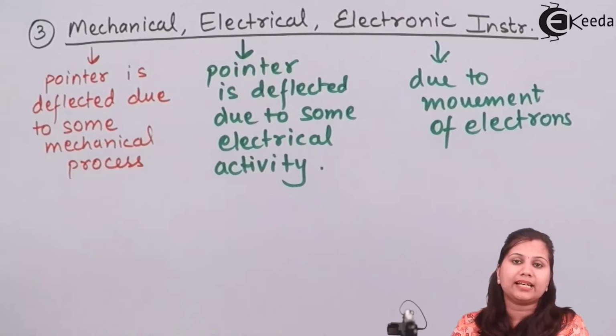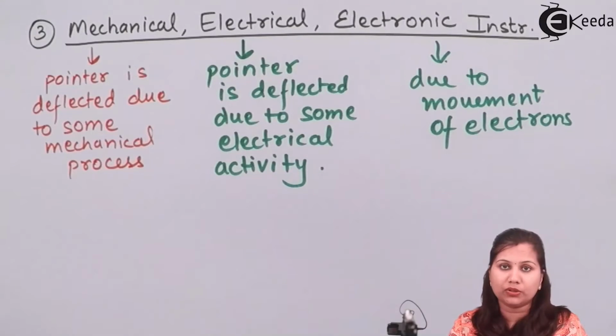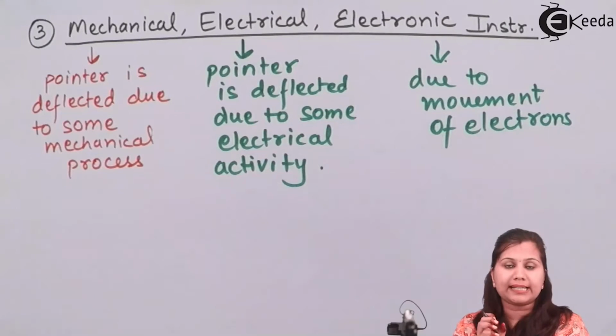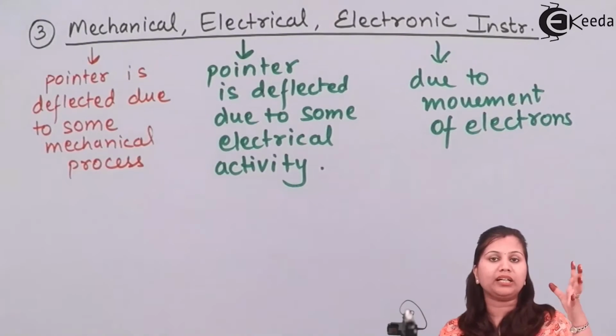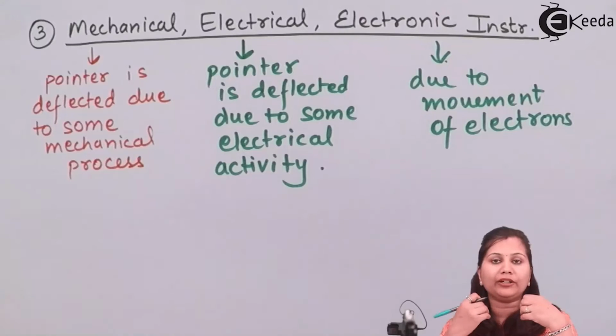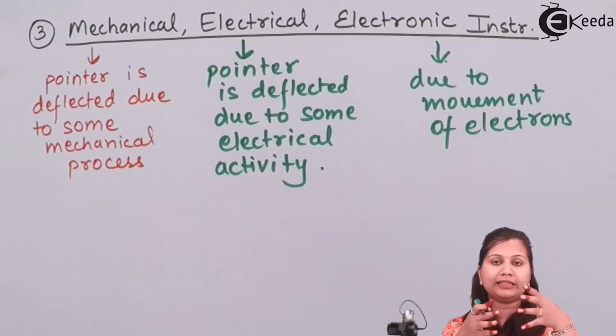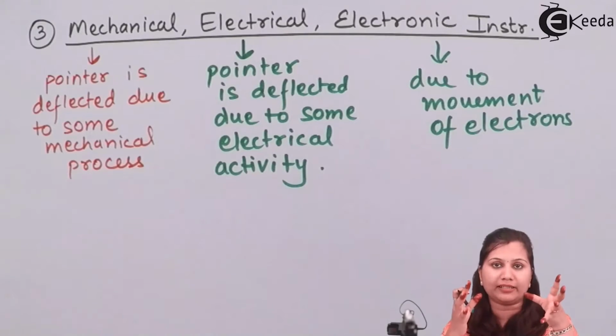An example is the CRO, that is the Cathode Ray Oscilloscope. In the Cathode Ray Oscilloscope, we have electrons. These electrons are excited and placed between a cathode and anode, and due to the presence of a magnetic field, the electrons are deflected.